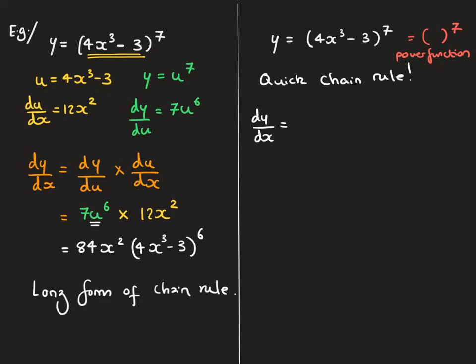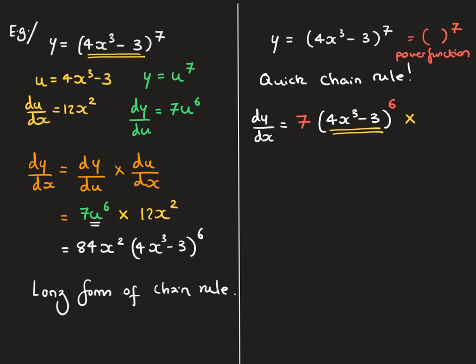So the quick chain rule tells us it's a power function multiplied by the power first of all, so that's 7. We then have the inner function raised to the power 6, so we've multiplied by the power, we've reduced the power by 1, but we must now multiply by the derivative of this inner function. So what is the derivative of the inner function?